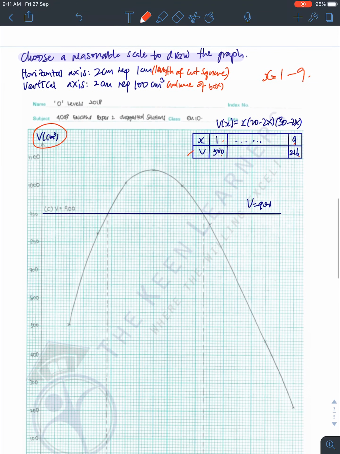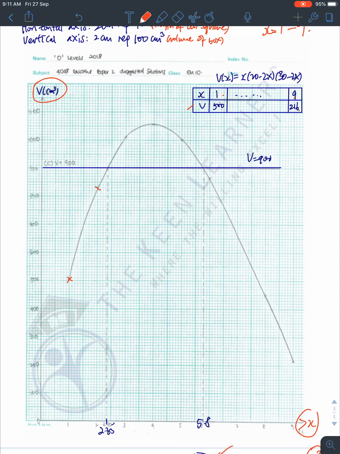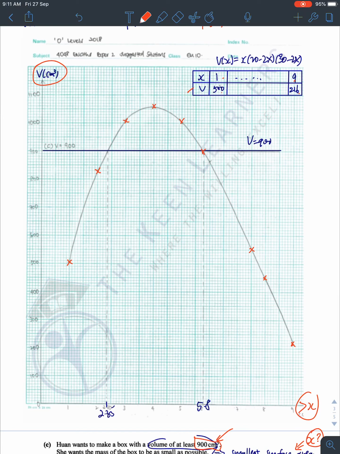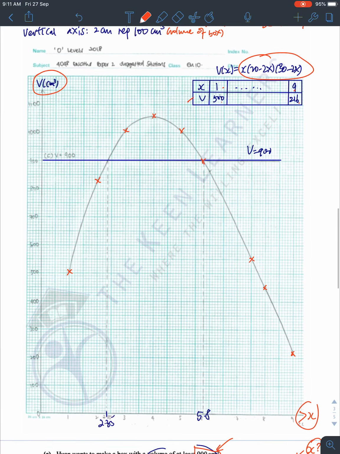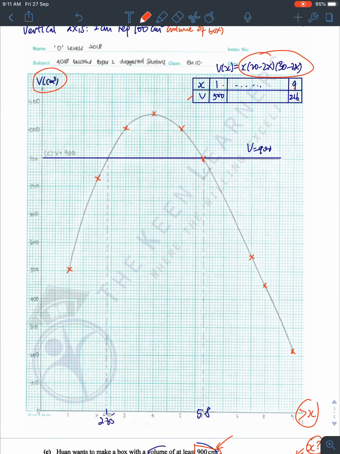So when I have that, I am able to plot out 9 points, and I would simply join these points using a French curve or a curve ruler, and you get this very nice curve, which is part of a cubic curve, judging by this equation. Once we are done drawing this curve, we want to consider volume that is at least 900.